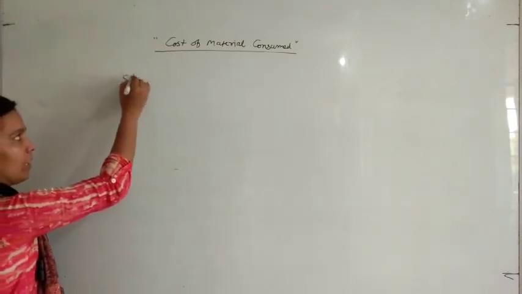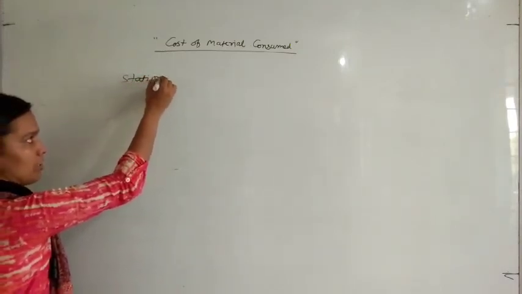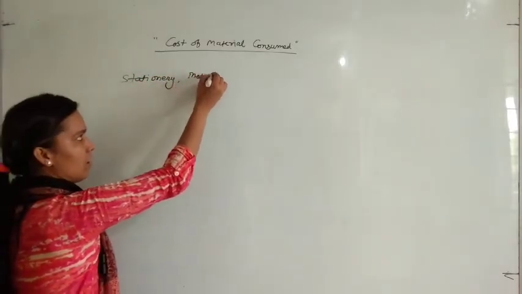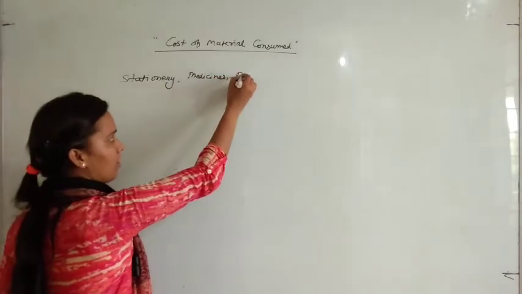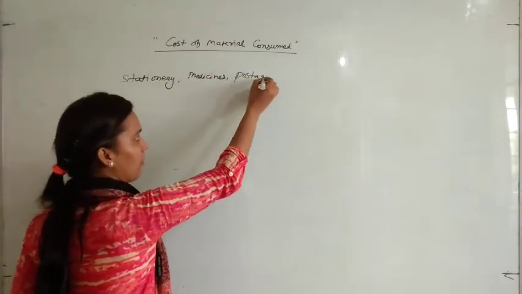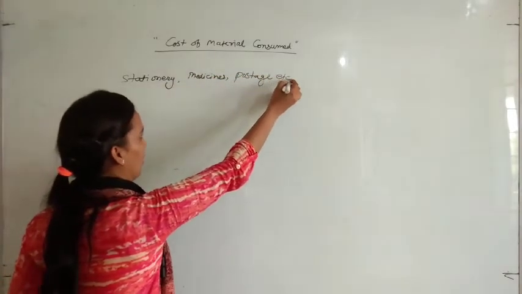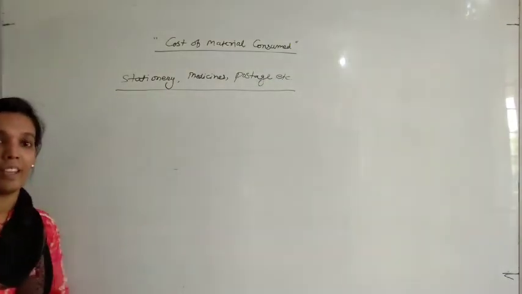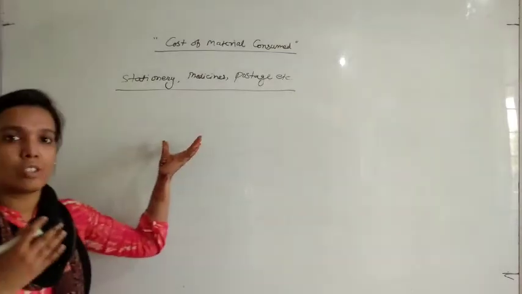Like in this you can take the example of stationery or medicines, postage, etc. So there will be certain items that are consumed by not for profit organizations during the year.